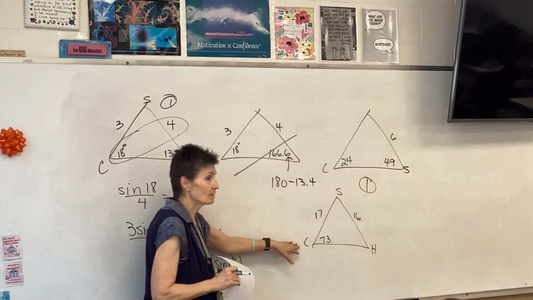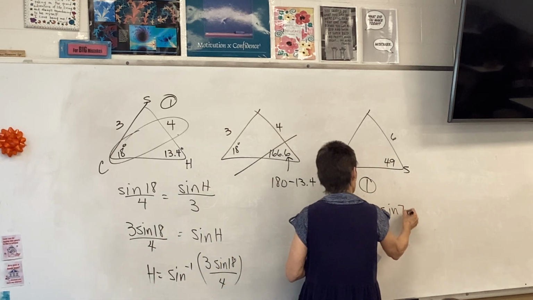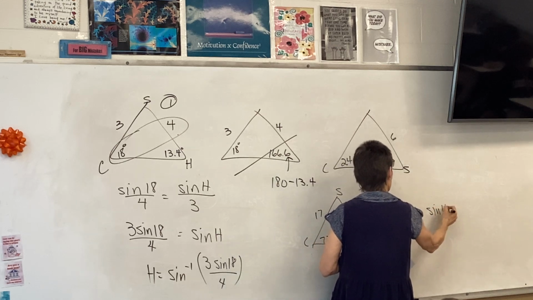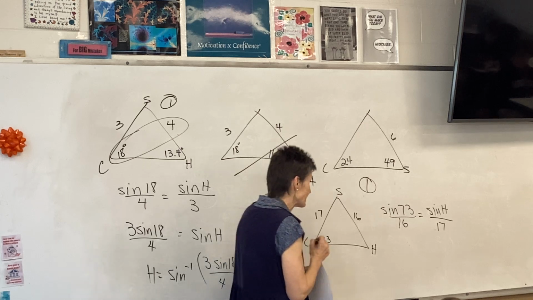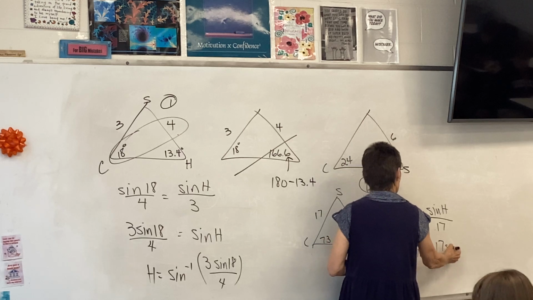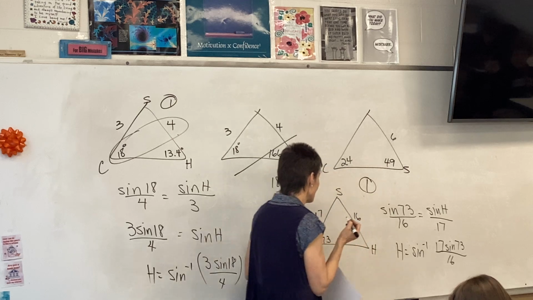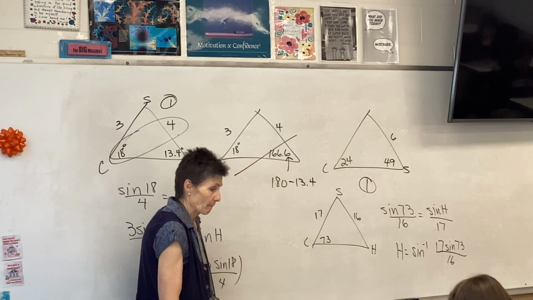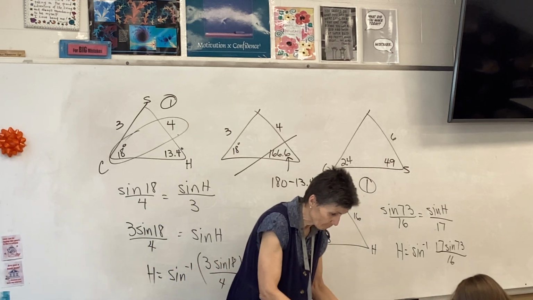Alright, are we good here? This is the triangle given. So now we're gonna do sine 73 over 16 equals sine H over 17. Okay, so let's type into our calculator. Second sine 17 sine 73 over 16. Let's type that in and see what we get for angle H. Wait, it's error.